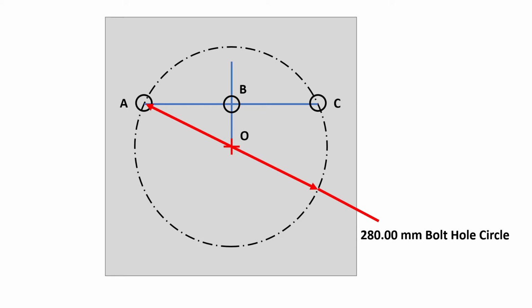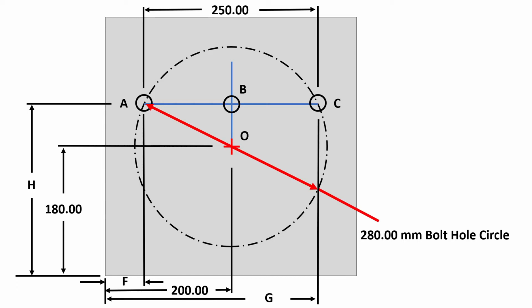These are the dimensions on the drawing. Take a moment to look at them. Using principle 14 and principle 9, we can find the dimensions for F, G, and H. Principle 14 teaches us that AB is equal to BC.